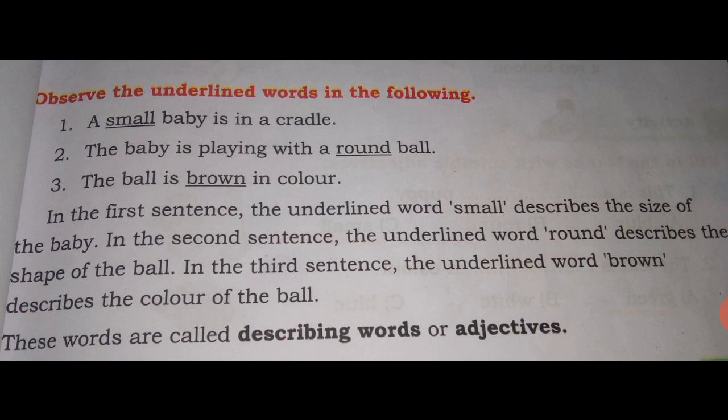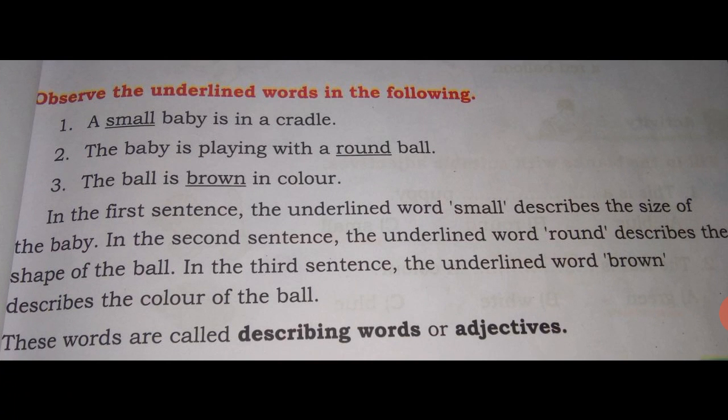Let's see. In the first sentence, the underlined word small describes the size of the baby. In the second sentence, the underlined word round describes the shape of the ball. In the third sentence, the underlined word brown describes the color of the ball.